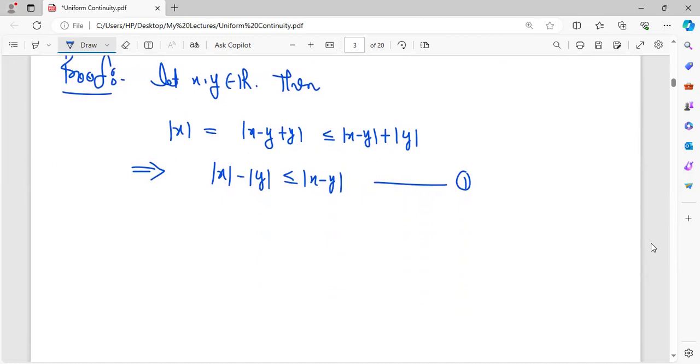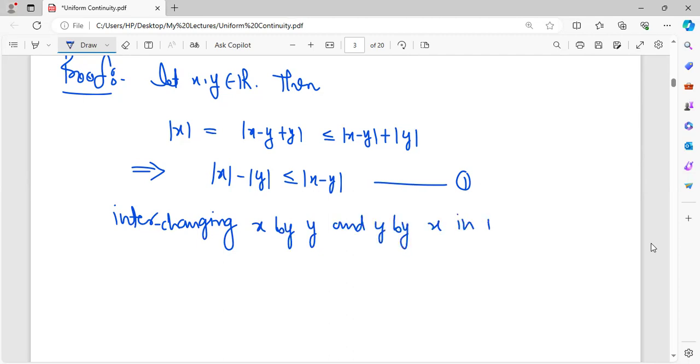Now interchanging x by y and y by x in 1, we get |y| - |x| is less than or equal to |y - x|.